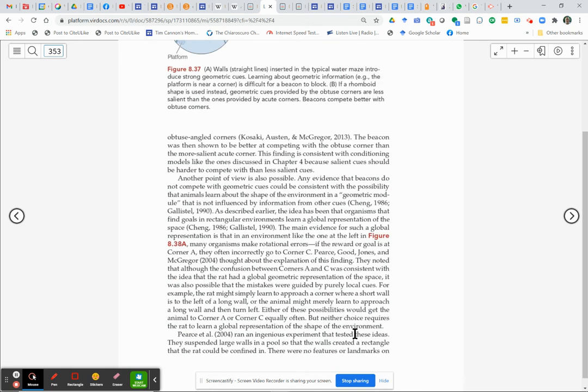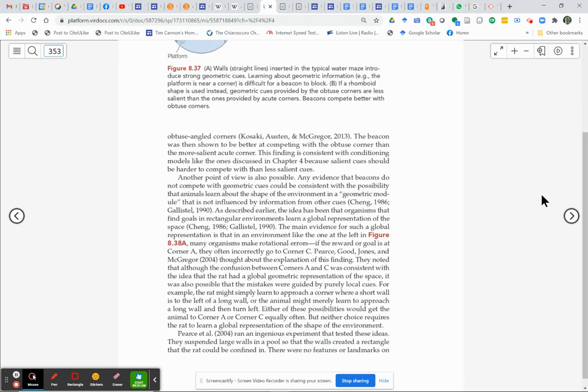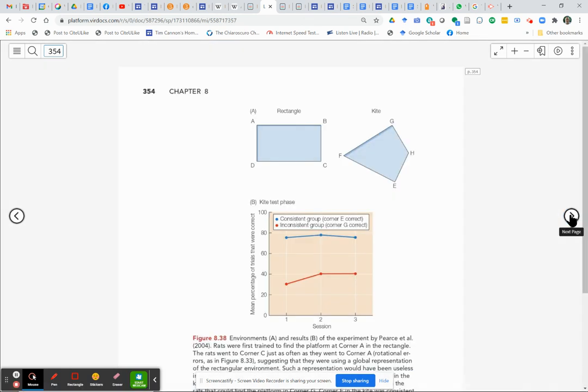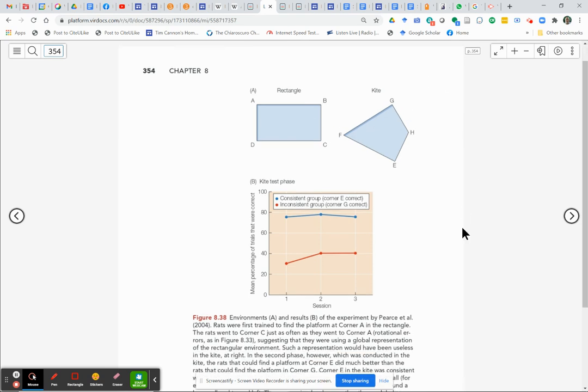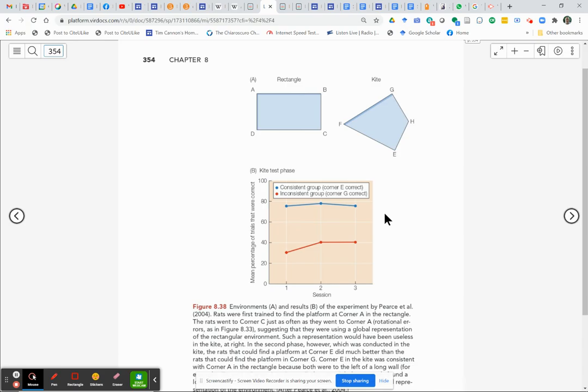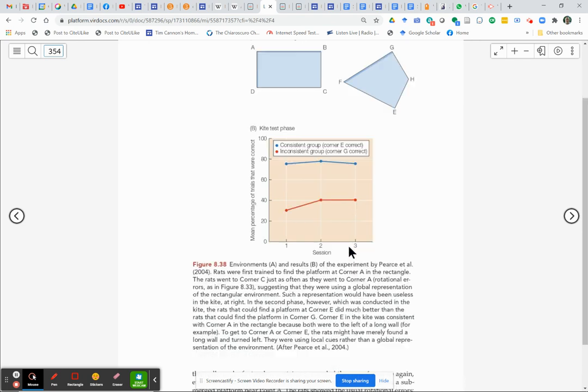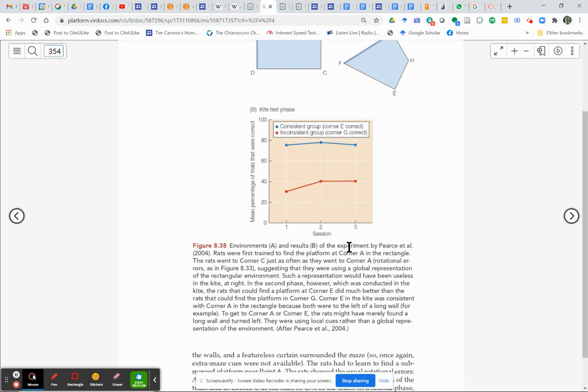And the issue is, what do the animals pay attention to? And then you have rectangles and kites in different locations, and where do you go? And so when you're consistent, you do things very nicely, but inconsistent, you get messed up.